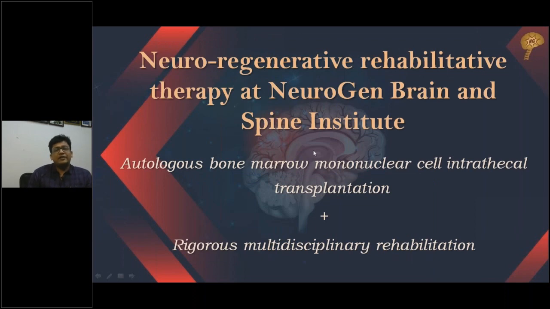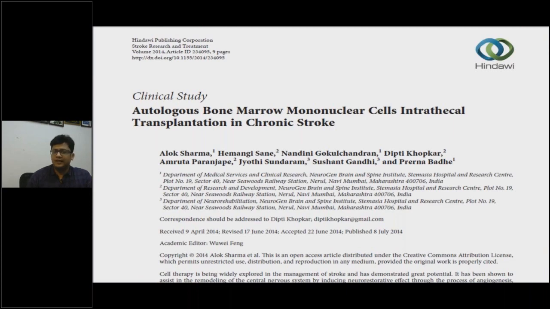Neuroregenerative rehabilitative therapy at Neurogen Brain and Spine Institute. What we do here is autologous bone marrow mononuclear cell intrathecal transplantation with rigorous multidisciplinary rehabilitation. We have a case study, autologous bone marrow mononuclear cells intrathecal transplantation in chronic stroke patients.